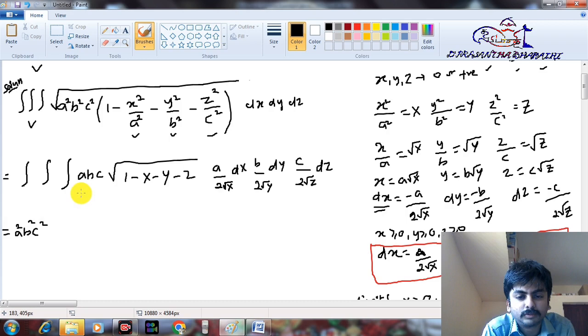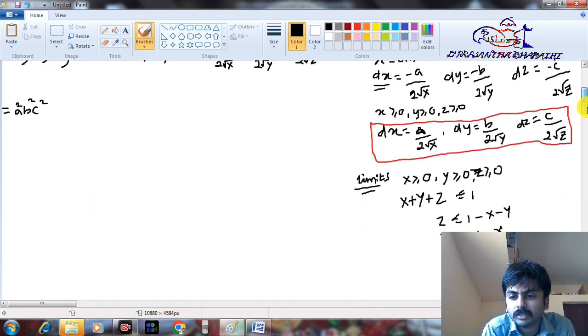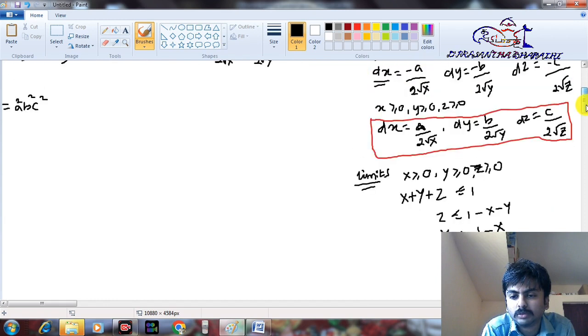Here we have to write the limits. The limit of x is 0 to 1.